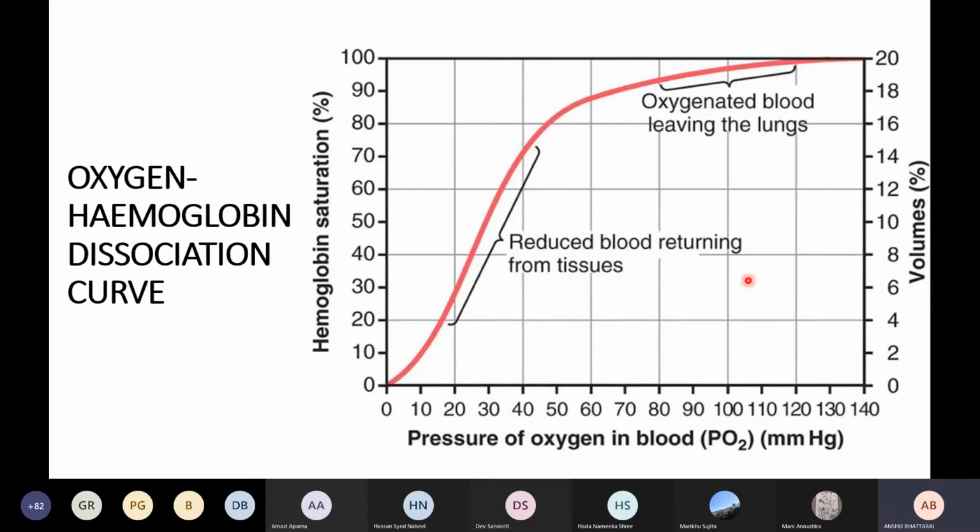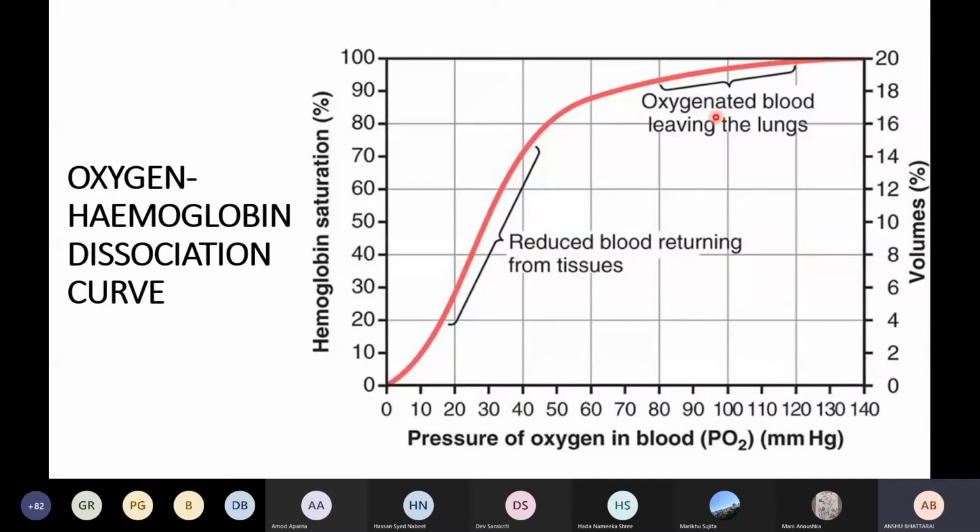So see, as soon as the oxygenated blood is leaving the lungs, you know that the partial pressure of oxygen is about 95 millimeter of mercury. At that point, the hemoglobin saturation with oxygen is about 95 to 97%.